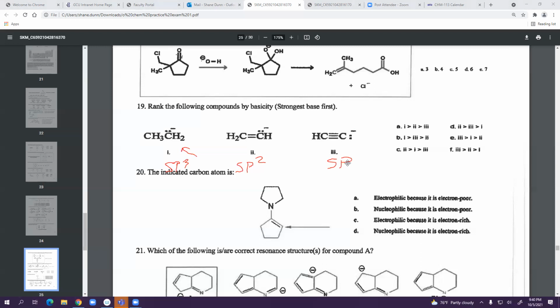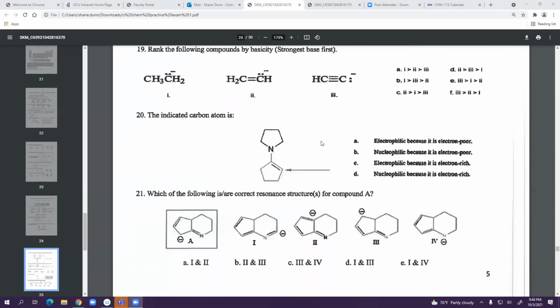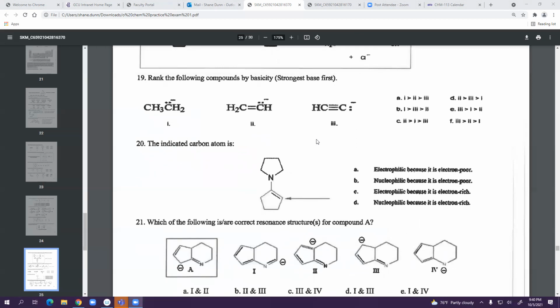So the higher s character, the more acidic you are. So it's actually opposite, it's gonna be 1, 2, 3. The reason why that base is technically more acidic is because it does have a negative charge. We'll want to get rid of it pretty frequently. So it's not as much of a threat as a positive, but it's still not happy. But if it was asking for an acid, then it would go 3 to 1, right? Yes.